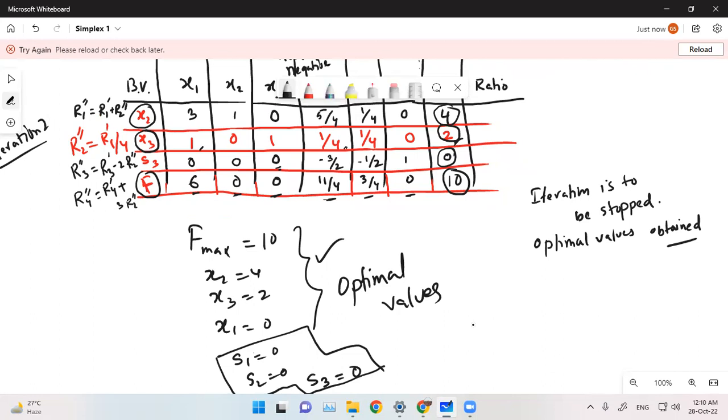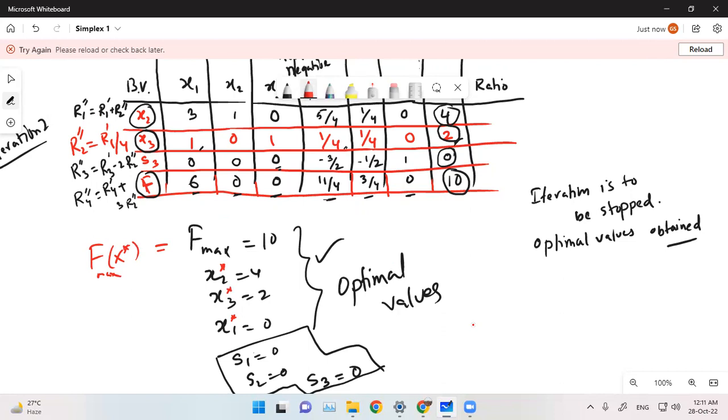So basically, the value of the function as well as the values of x, you can also say these are x star values. So you can also write x2 star, x3 star, and x1 star. Or you can also write f x star with maximum if you want.